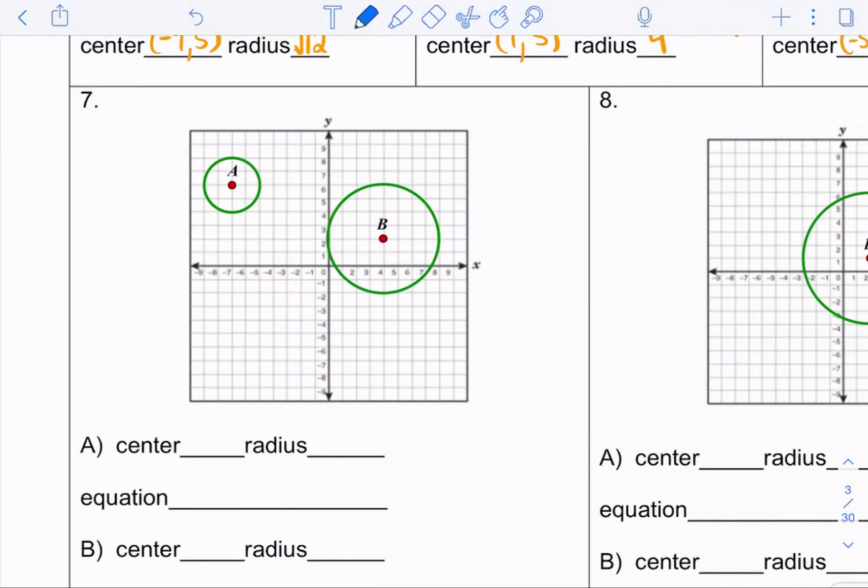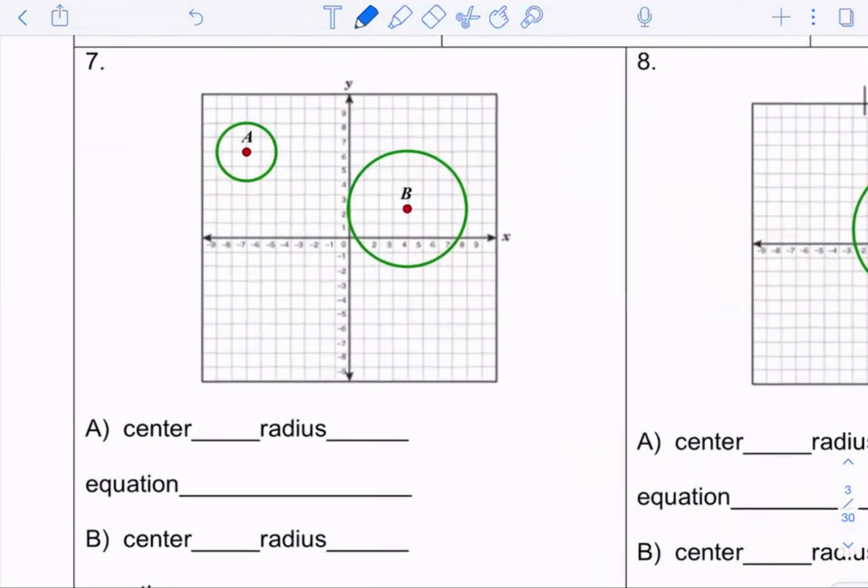Excellent. Great. All right. So then I'll tell you for number 7, if you want to find the center, because it's graphed for us, it looks like I have to go back to -7 and up to +6. So the center for this circle is -7, +6.